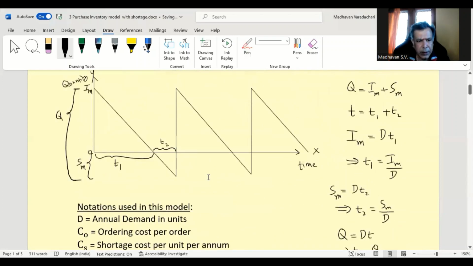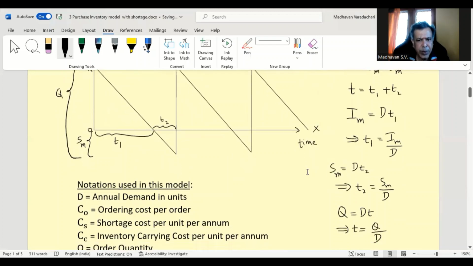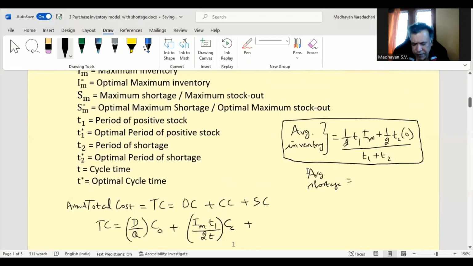Let us come here. This is the shortage period. So if I have to calculate the area of this triangle, the base is T2, height is SM. So half into B into H, in the sense half into T2 into SM divided by the total time period, which is T1 plus T2, or simply T. So that is your average shortage.